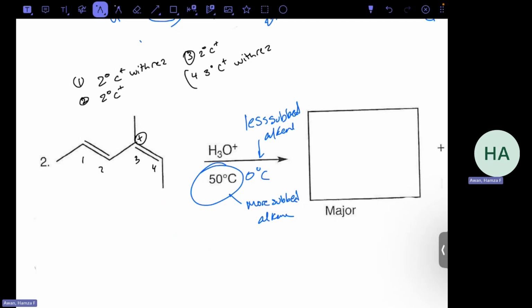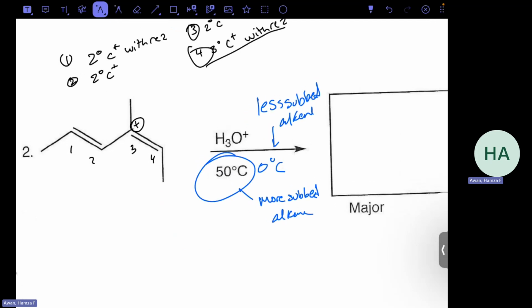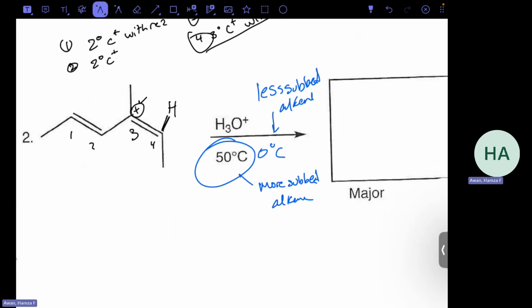So this tertiary carbocation with resonance is going to take it. So this carbon gets the hydrogen, this bond breaks, and this carbon gains a plus charge. So we're going to go ahead and redraw that like that.